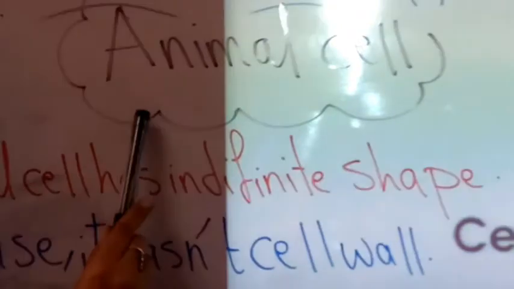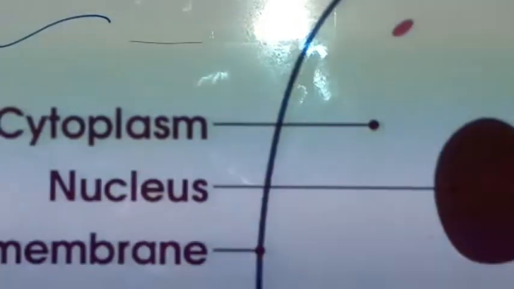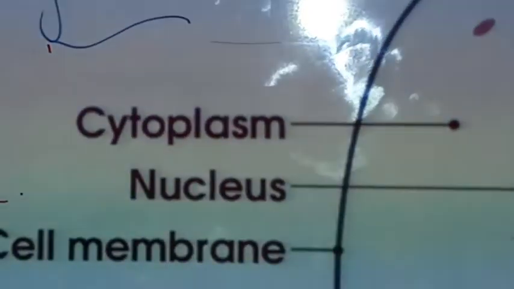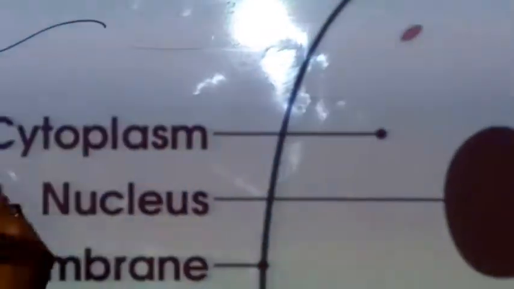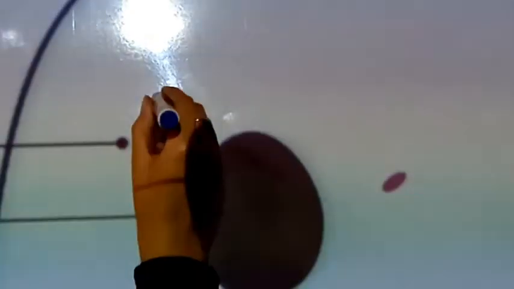Number 2, let's talk about the animal cell. This is the animal cell. Also we have the cytoplasm inside the animal cell.